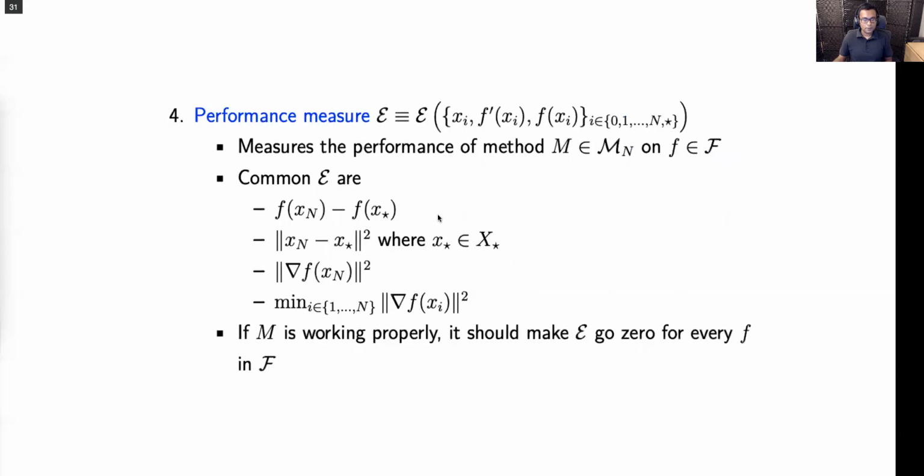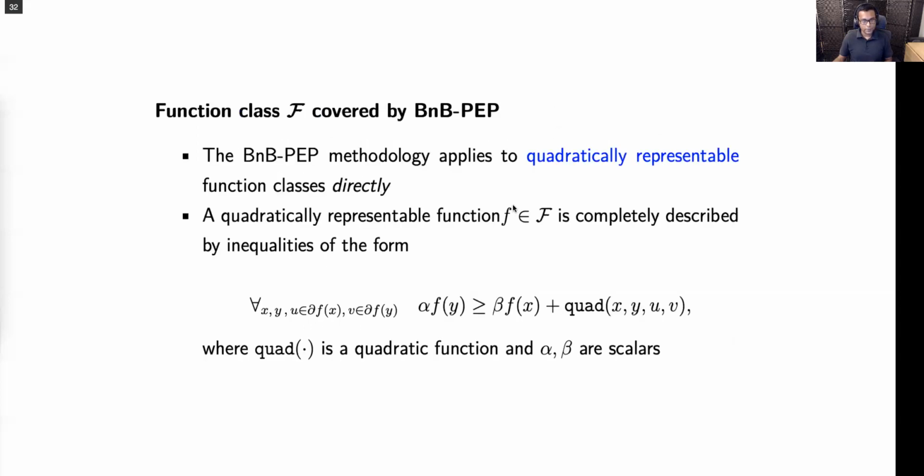Now, I told you earlier that I am going to clarify what kind of functions BnB-PEP can deal with. So here it is. The BnB-PEP methodology applies to any quadratically representable function classes directly. So what does it mean? A quadratically representable function f is completely described by inequalities of this form.